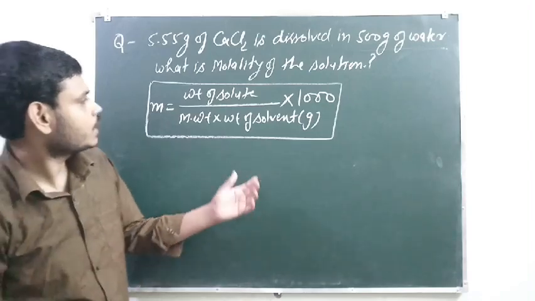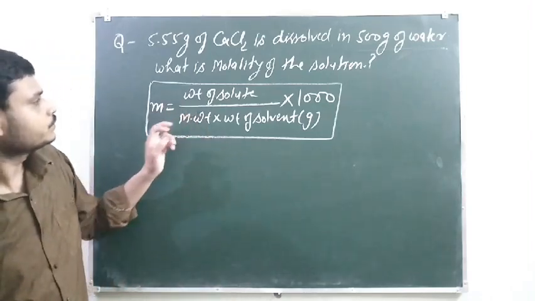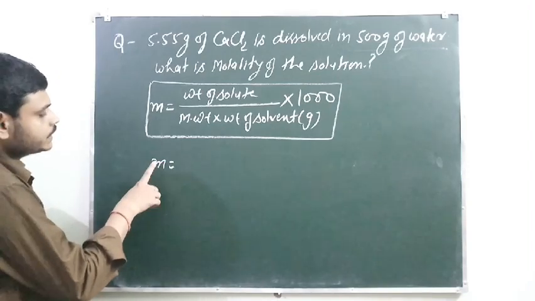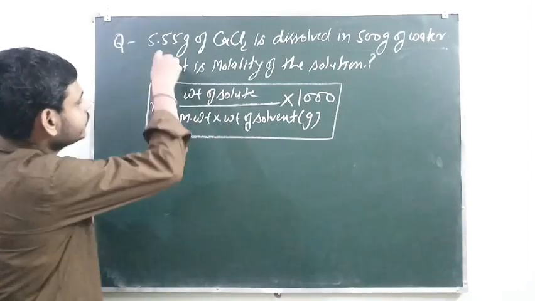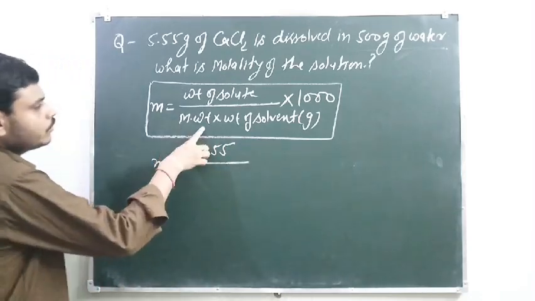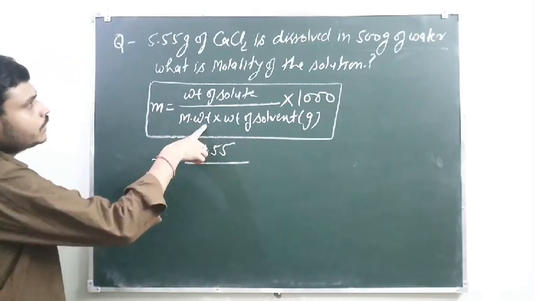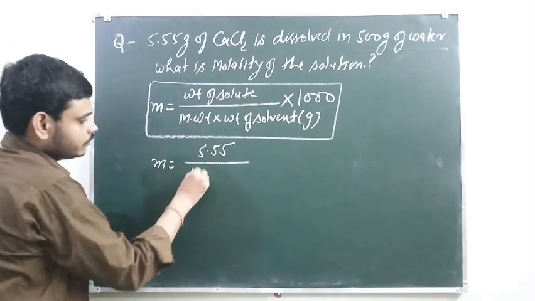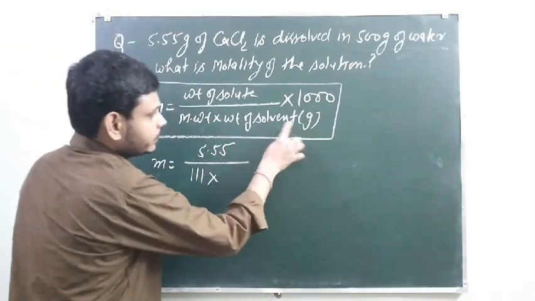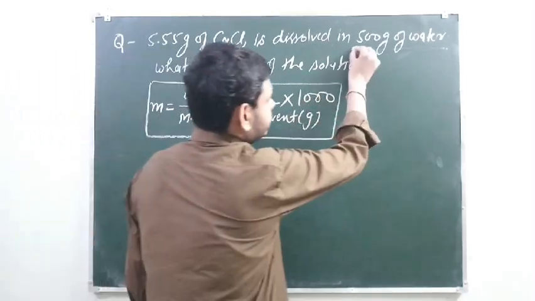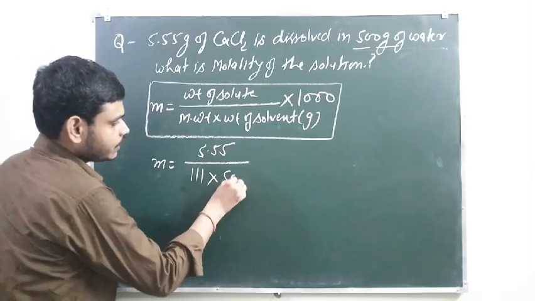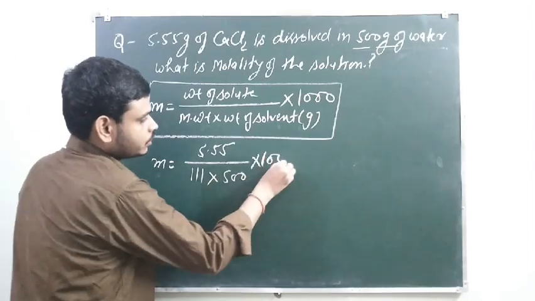Now we are putting in each value. m is equal to weight of solute, that is 5.55 gram, divided by molecular weight of solute. Molecular weight of calcium chloride is 111, into weight of solvent in gram, that is 500 gram, into 1000.